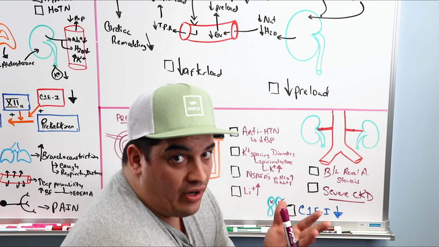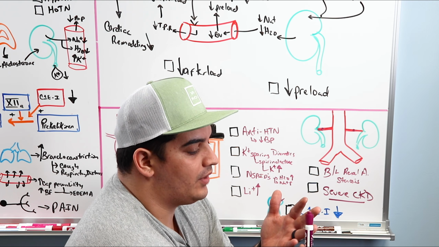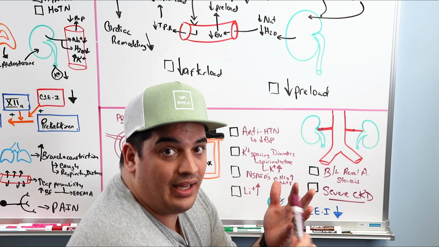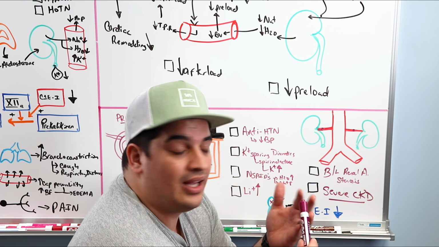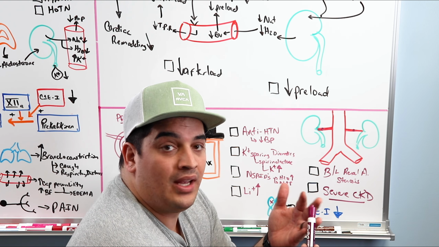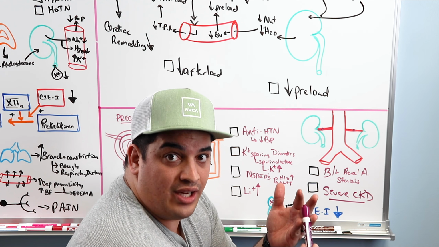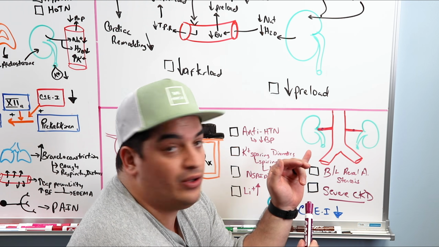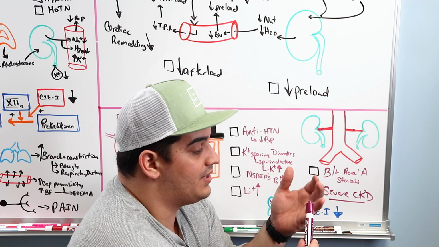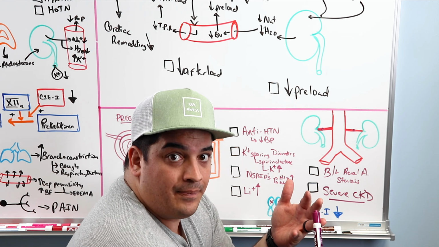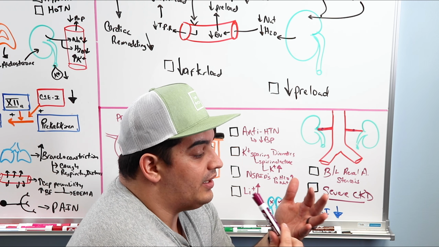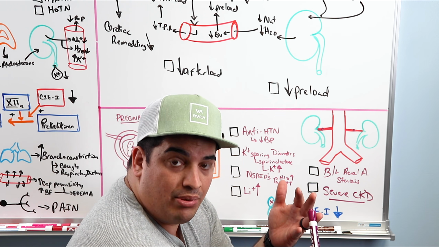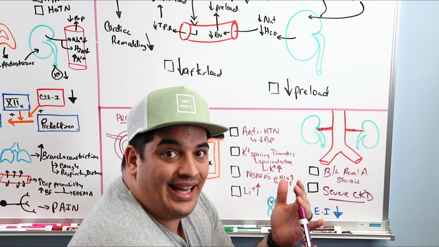You give them an ACE inhibitor or an ARB. What are you doing? You're basically inhibiting angiotensin II production. Angiotensin II does what? It causes vasoconstriction, which increases blood pressure, which increases perfusion to different organs like the kidneys. The other thing is that you're going to be decreasing aldosterone production and decreasing ADH production.